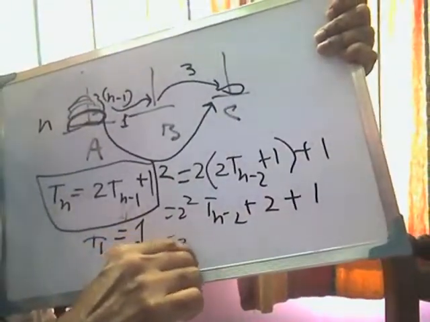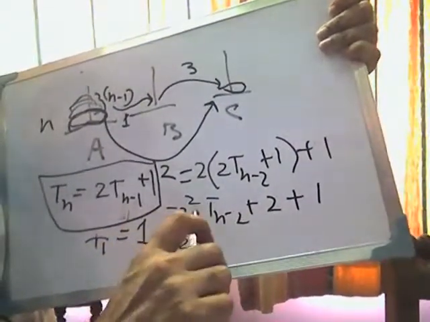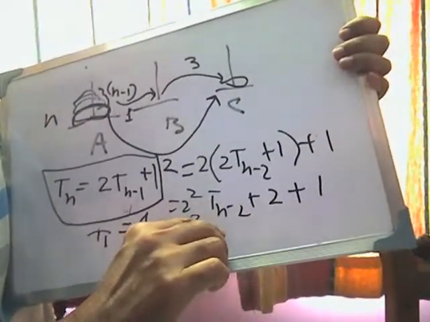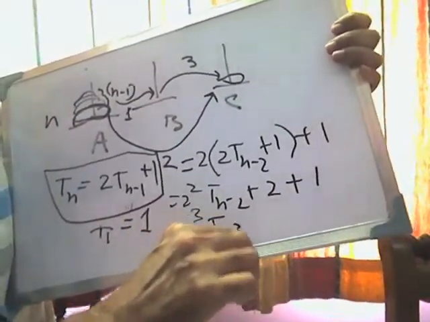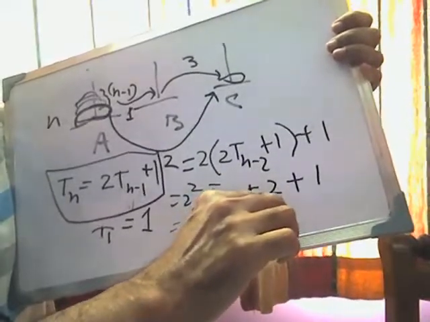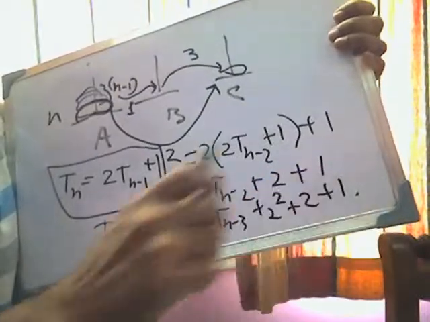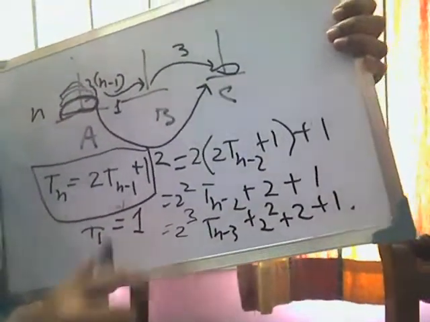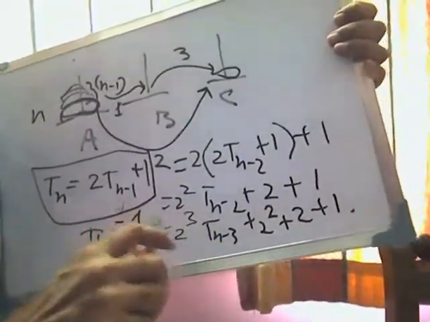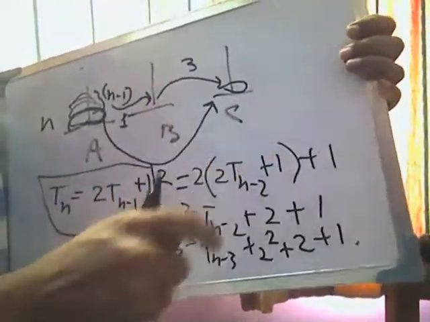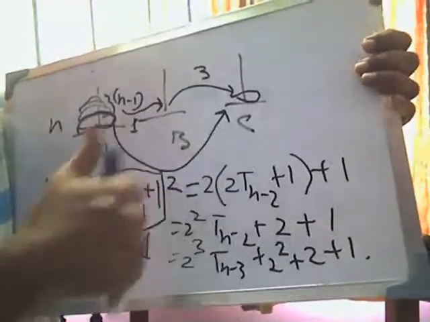In the next step, it is 2 cube T n minus 3 plus 2 square plus 2 plus 1, like this. Ultimately, after some steps you will get a number. I am not going through solving this recurrence.